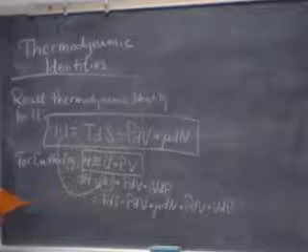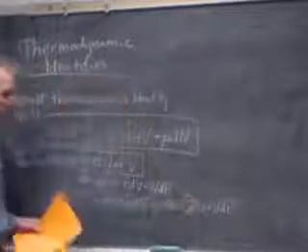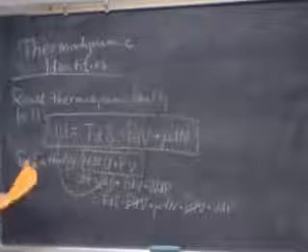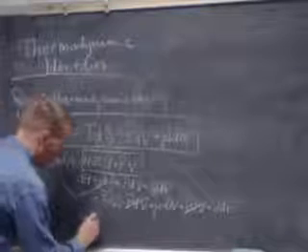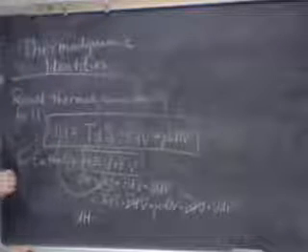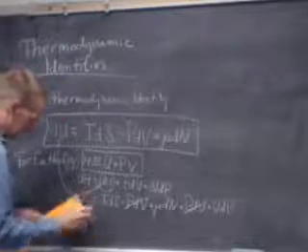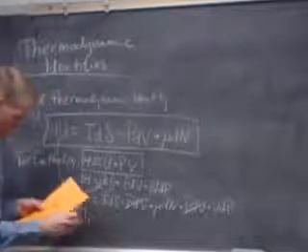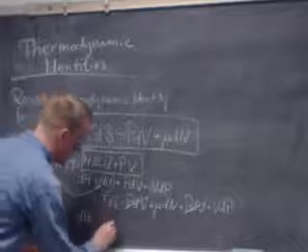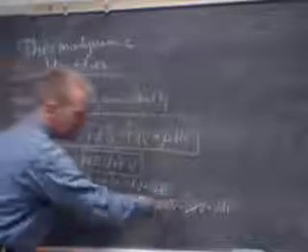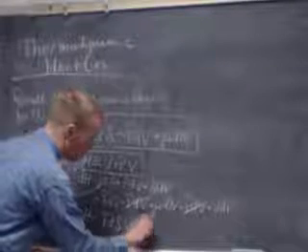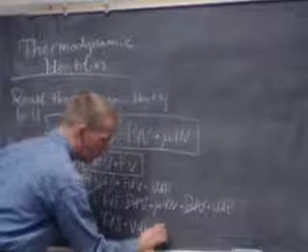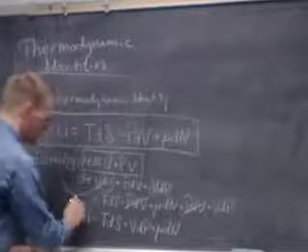What can I do with this right off the bat? Cancel out the PdV. Right. That's the same in both places. And that's it. What I'm left with is the change in the system's enthalpy is TdS, I'm going to change the order slightly, plus VdP plus mu dN.